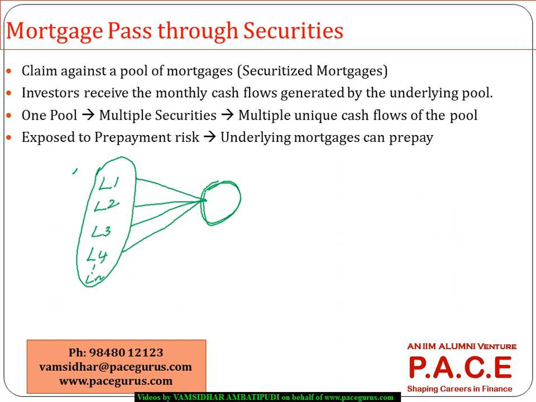So typically this is the pool that is created, and from this pool various instruments are issued to various investors: investor 1, investor 2, investor 3 and so on.